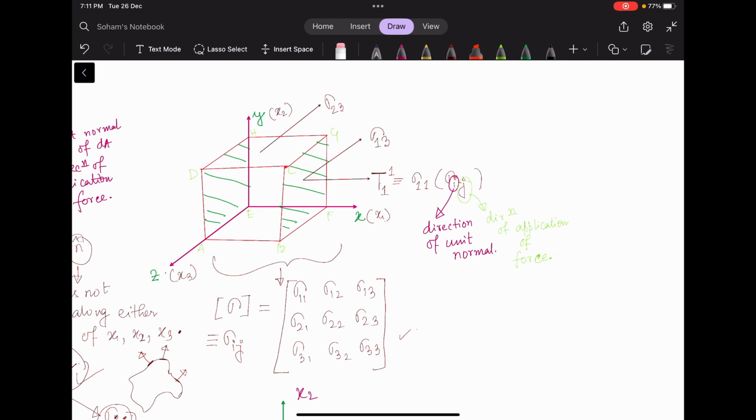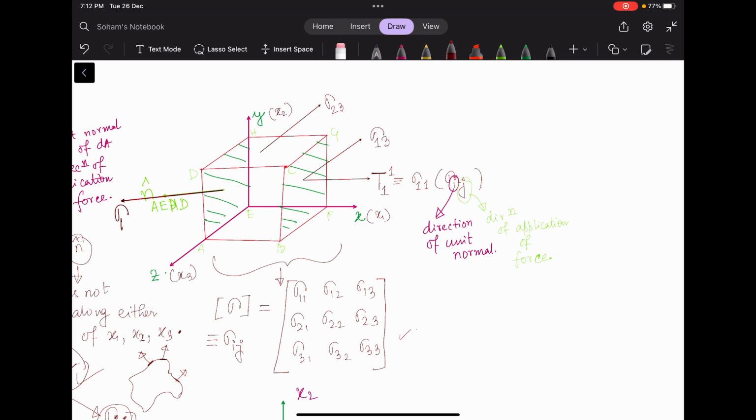Ideally the normal of this surface AEHD, I will draw in green color. This will be the normal n of AEHD, which is opposite to the positive x1 direction. So according to the convention the positive force will be in this direction.